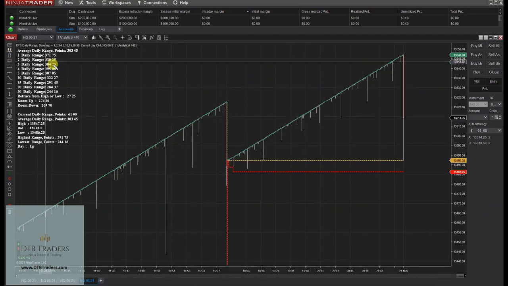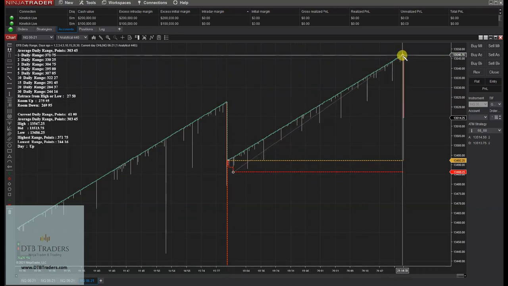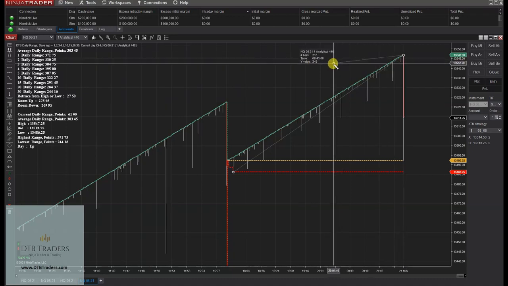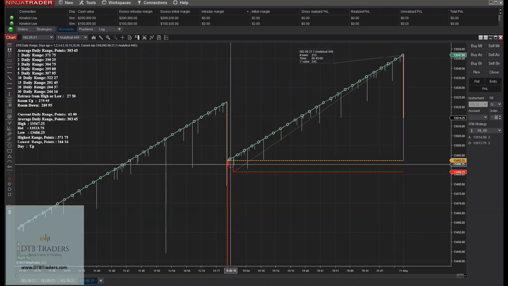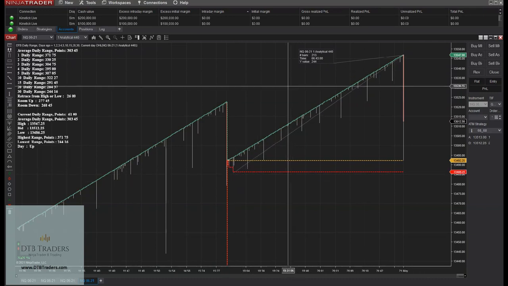And what you can do is apply your ruler and look at the low of the day, which is this red line, and you can go to the top of the day, and if you get it exactly right, it's 244.